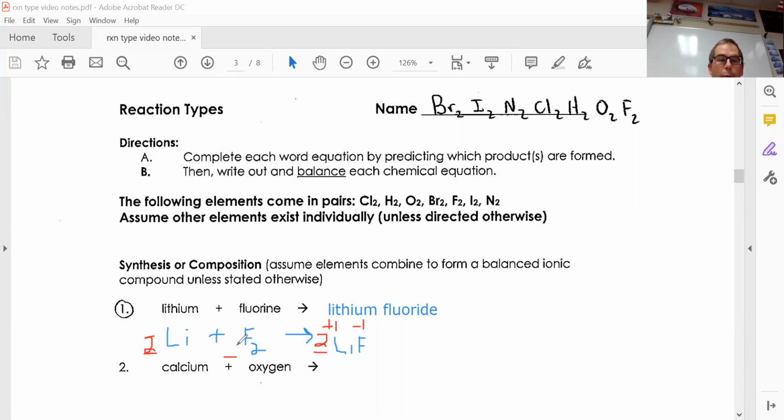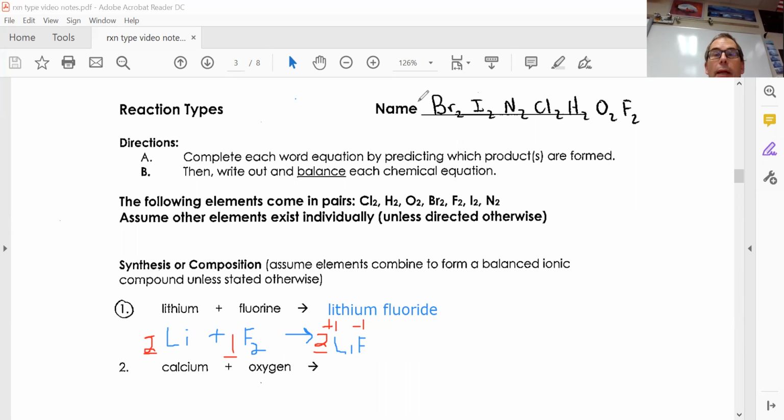And then you don't have to put the 1 in, but I'll just do that for emphasis. 2 lithium atoms plus 1 fluorine molecule forms 2 lithium fluoride compounds right there. Okay, so that is a synthesis reaction, smaller things making something bigger, and you get to see the balancing with that.